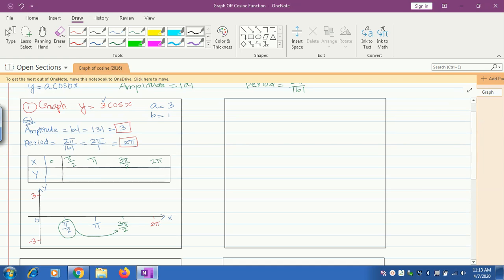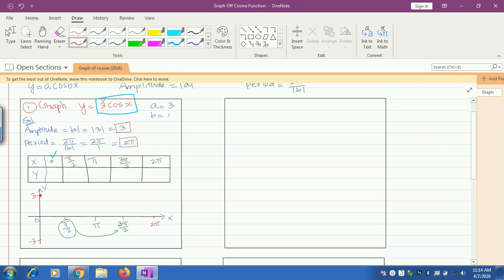So this is the schedule. Now we have to plot the points. If I substitute x equals 0 in y, cosine 0 is 1, so therefore the value is 3 here.